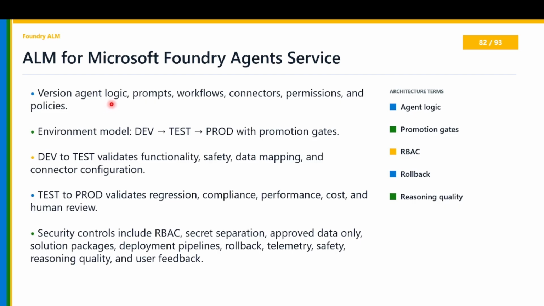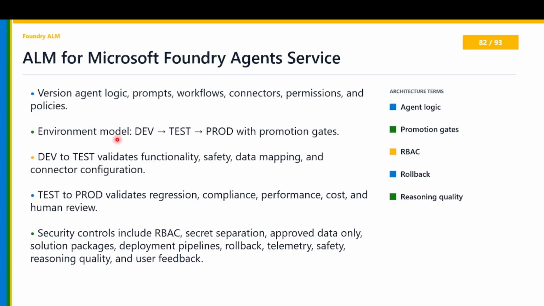Make sure they are good instructions that are precise and focus on the business context. So version agent logic, version prompts, version workflow, version connectors, version permissions, and policies. Make sure everything is always versioned so that when they are updated, the changes will also be deployed with the agentic AI code into production.